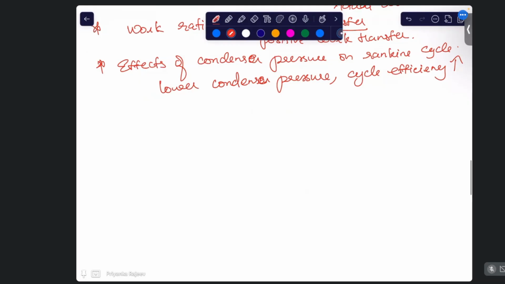Now, vapor cycle's difference with gas power cycle.